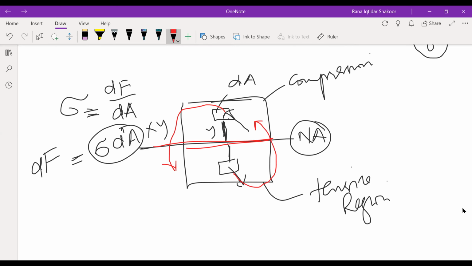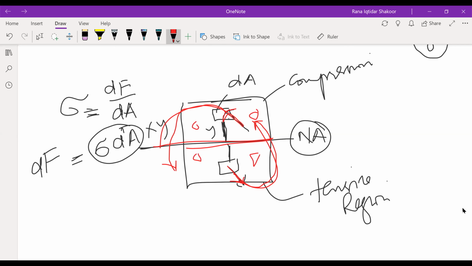So they are both in the same direction, so the moment will be added. Sum of all the forces will be equal to 0, but the sum of moments will not be equal to 0 because they are in the same direction. So they are being added, and this moment will be there. So you will have dF over here, dF here, dF here, dF here, dF here.